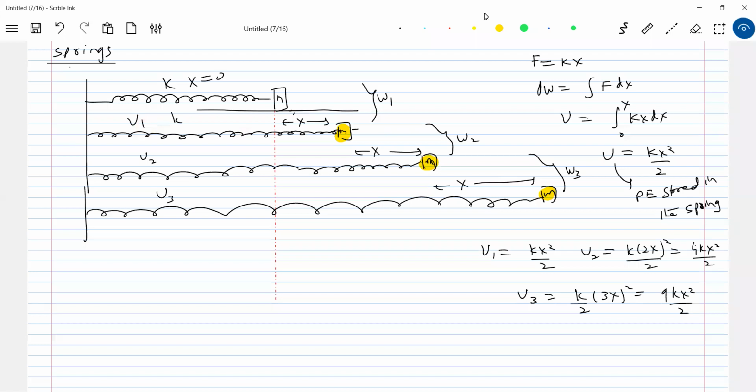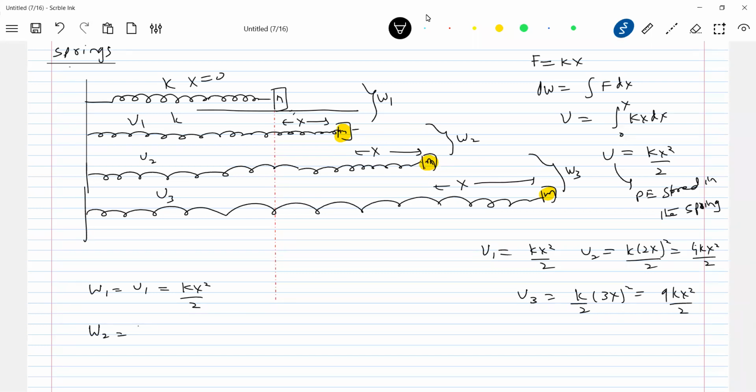So what is W1? W1 should be equal to U1. So this should be equal to Kx square by 2. What is W2? Already it had U1. Then I did work and it has become U2. Is that okay? The difference of these energies is W2.